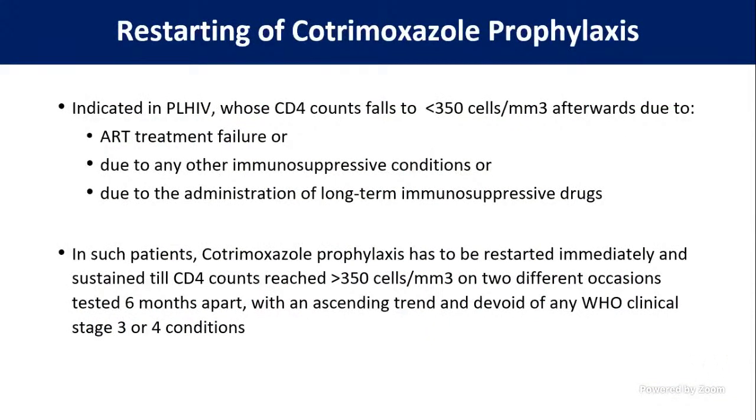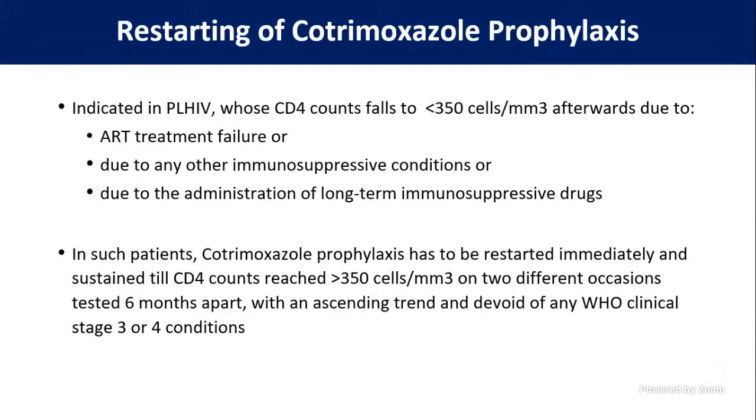Right. Now, restarting cotrimoxazole is again indicated in PLHIV whose CD4 count falls below 350. Another important point to remember is that it's not a one-time episode where I continue for 2 years until my CD4 count rises to 350.